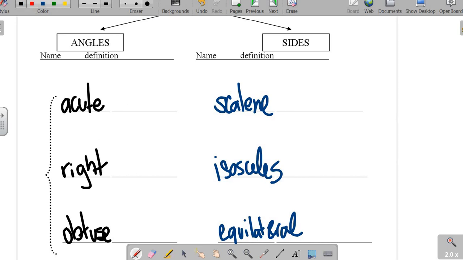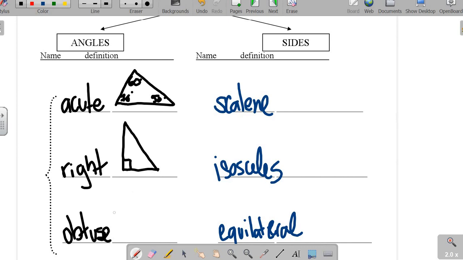Acute means all the angles are less than 90. Let's say we had something here that was 50 degrees and 70 degrees and 60 degrees. All the angles are less than 90, right?